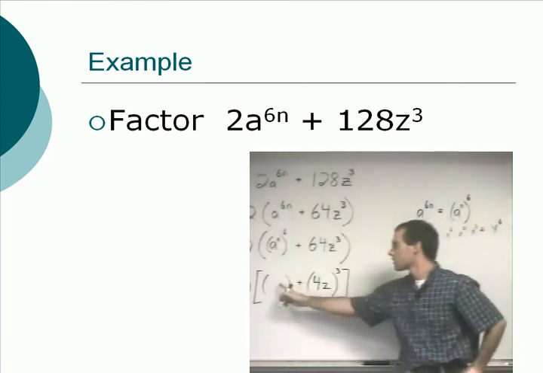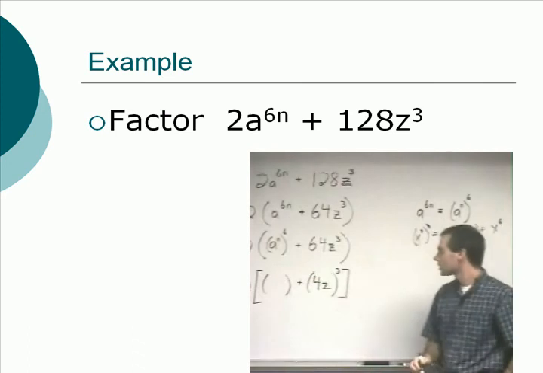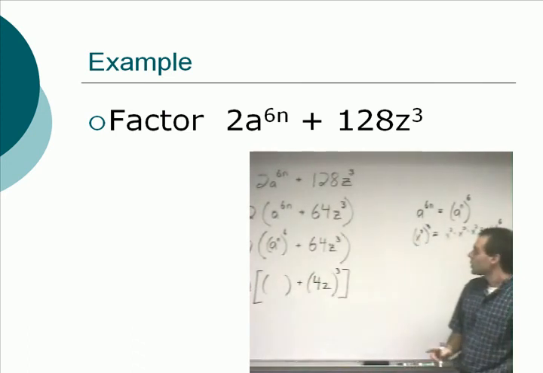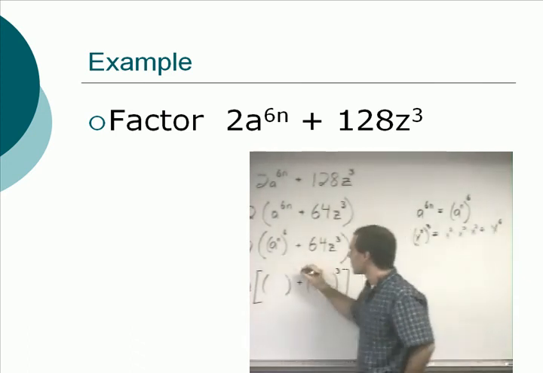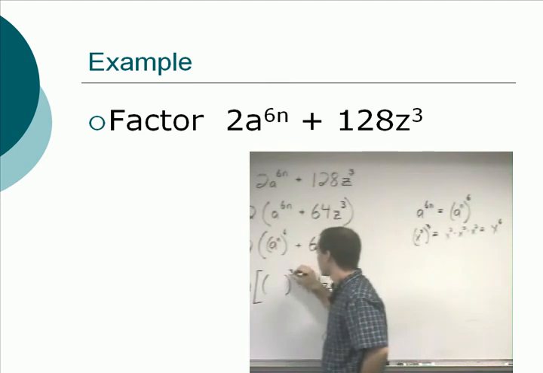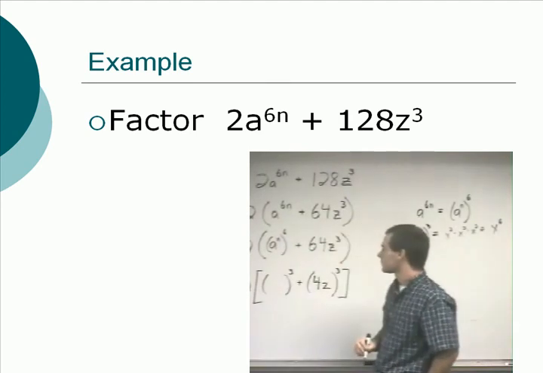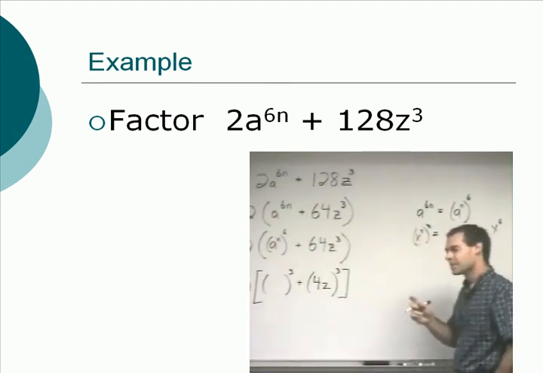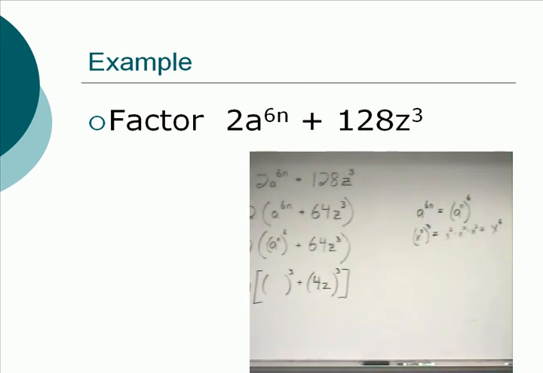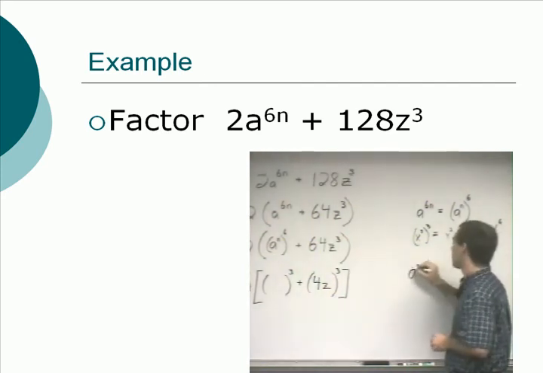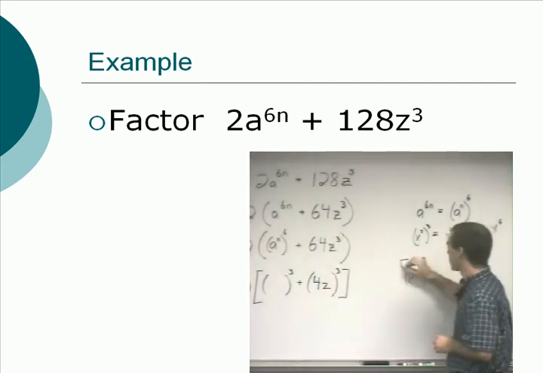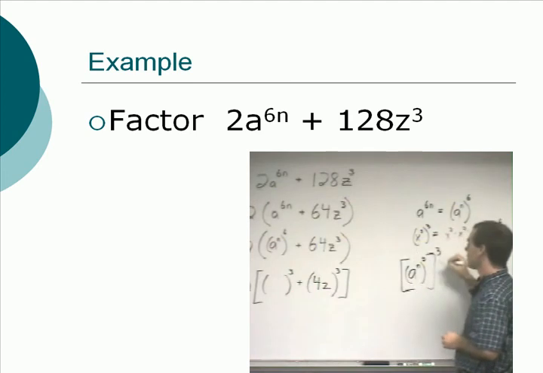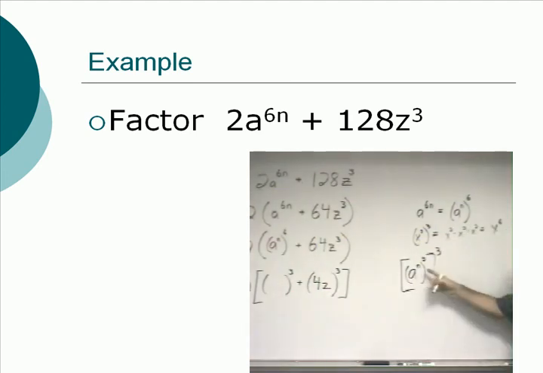Just breaking this down so we can see our two parts a little bit easier. 4z cubed. What is it that you cube in order to get a to the n to the 6th? Well, you could say a to the n squared cubed. That's true. That gives you a to the 6n.